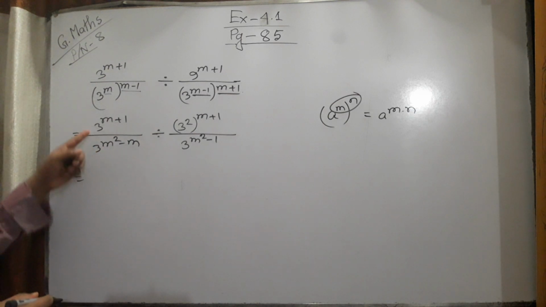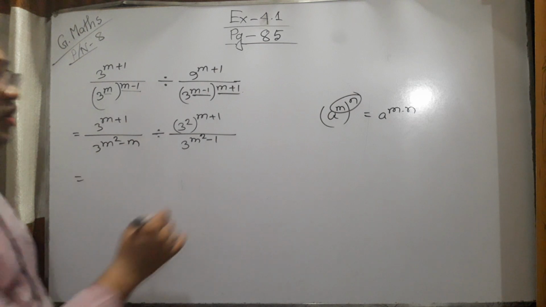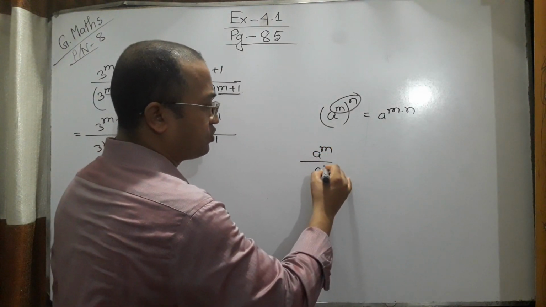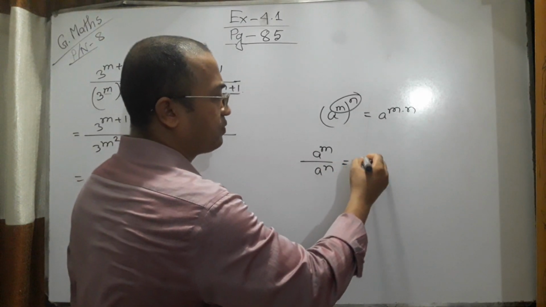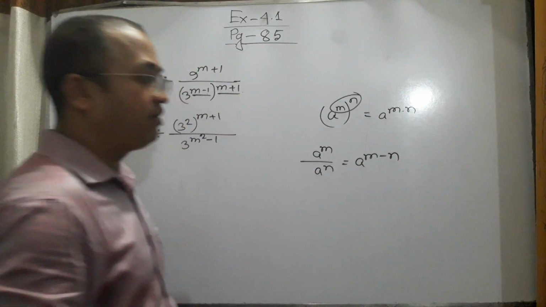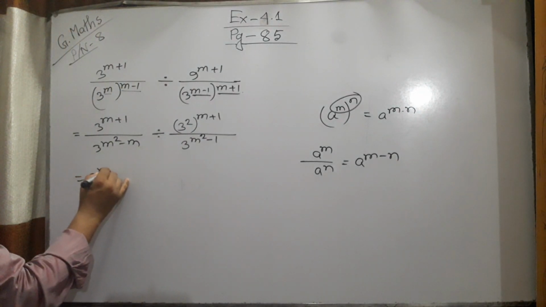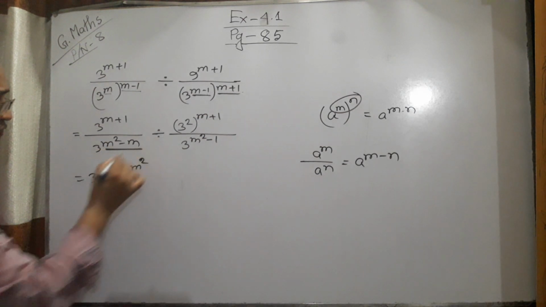Now look, the bases are the same in this case. So when bases are the same, a^m by a^n, we can write a^(m−n), the division law. So it will be 3 to the power (m square minus 1) minus (m square minus m). Look, it will be subtraction.